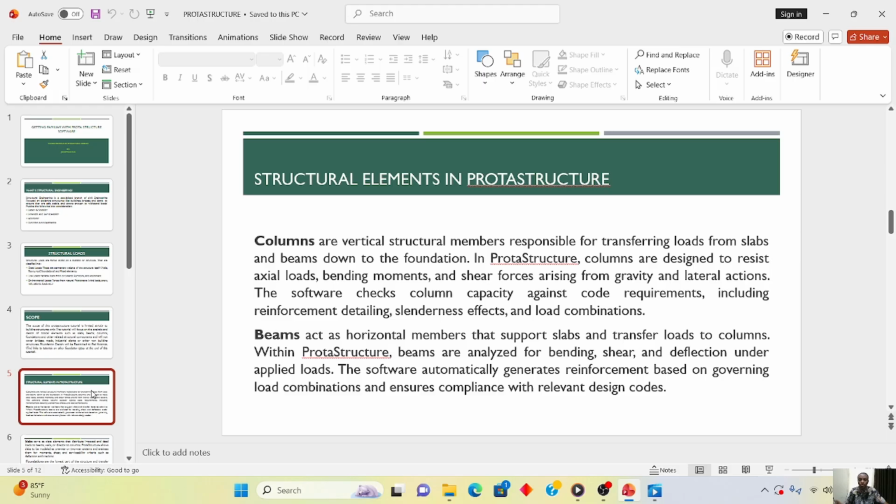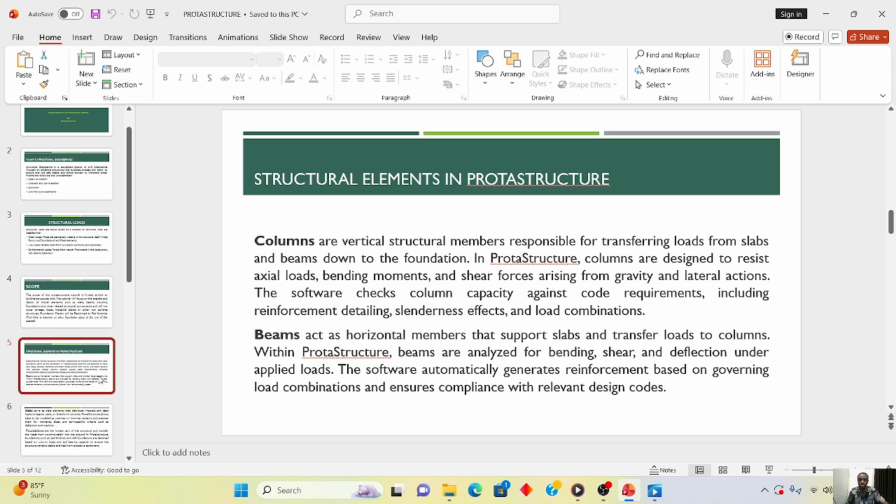So in Protastructure, beams are actually analyzed for bending and shear and also deflection under applied load.